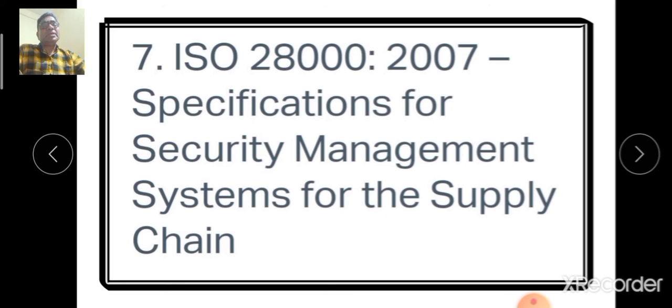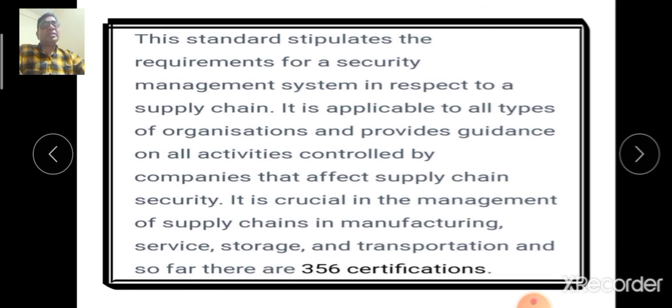The seventh series is ISO 28000:2007, the specification for security management systems for the supply chain. This standard stipulates the requirements for a security management system in respect to the supply chain.